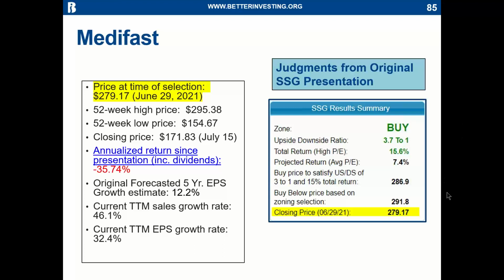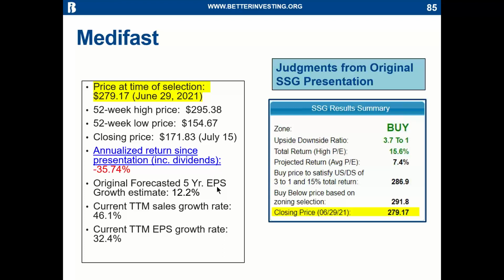For that 52-week period, there was a high price of $295.38 and the low price was $154.67. Now the closing price as of July 15th was $171.83. So they also took a haircut, as some would say.